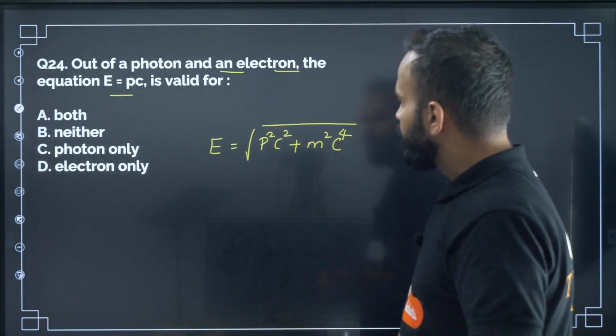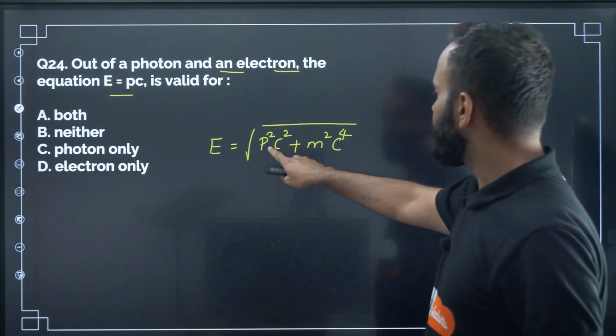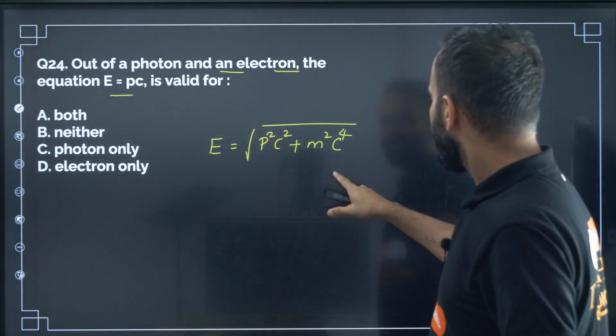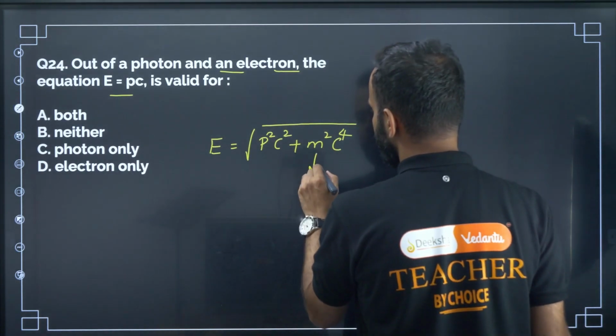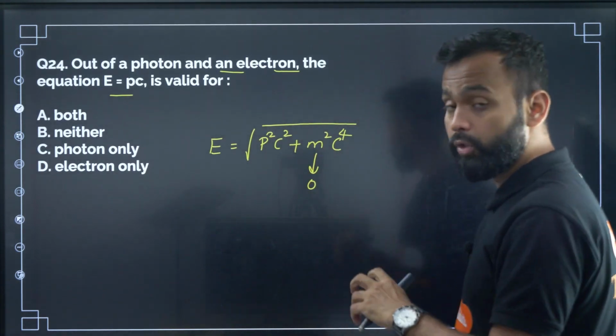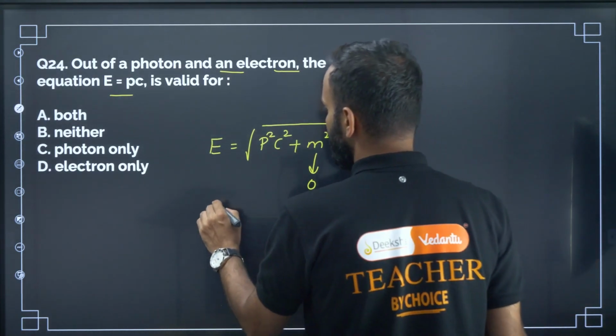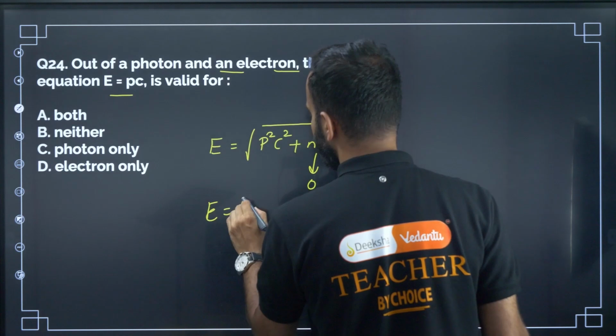Here P is the momentum, C is the speed of light, M is the rest mass. For a photon, the rest mass is 0. So E equals root of P square C square.